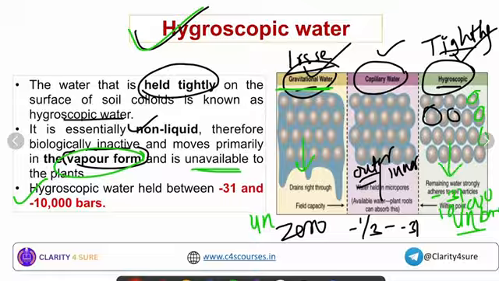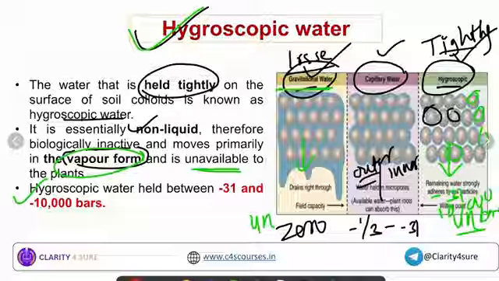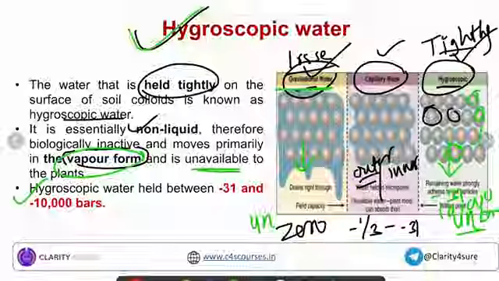Hygroscopic water is too tightly held and it will not be available. It is present around those soil particles, but the crops cannot absorb it because it is held tightly and the crops don't have that much energy to absorb that water from the surface of soil.